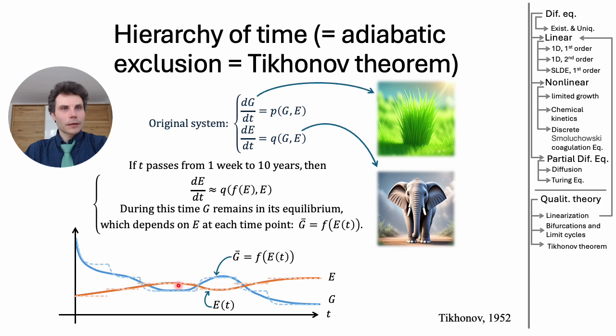And essentially what Tikhonov's theorem claims is that the solution of the equation that describes the elephants' population, regardless of the differential kinetics of the grass, is very similar to the exact solution of the original system.